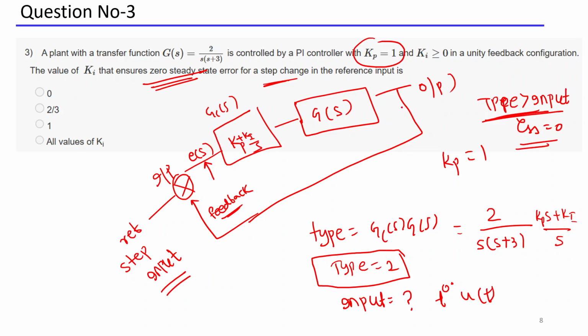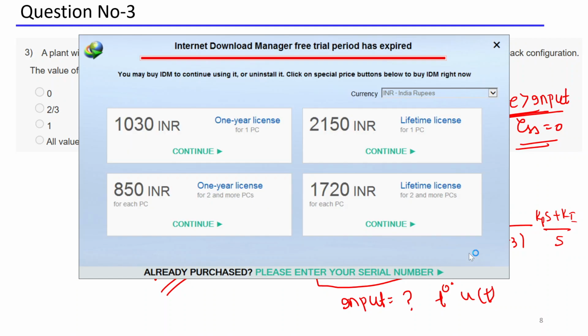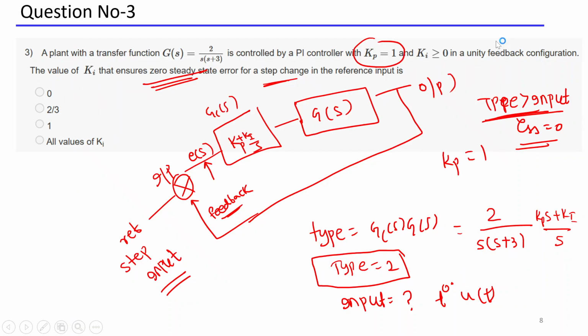So what you understand from this question: we are finding out the steady state error, but the steady state error only depends on your type and input. It doesn't depend upon the gain value, because your Kp and Ki are always in the numerator term, and they do not come into your type and input.